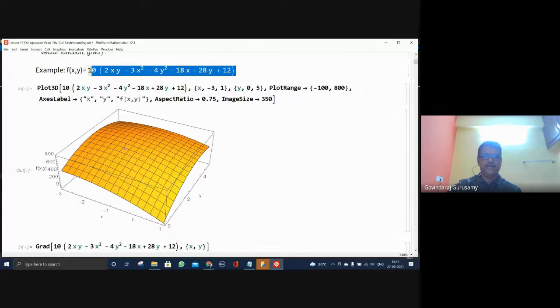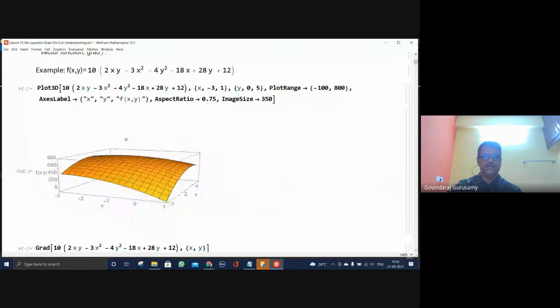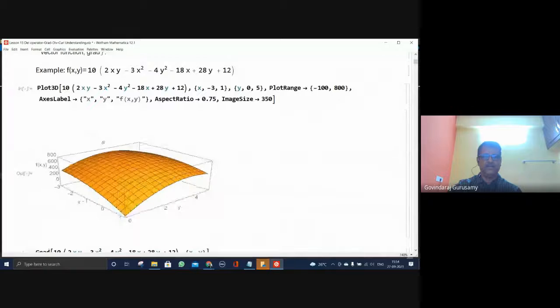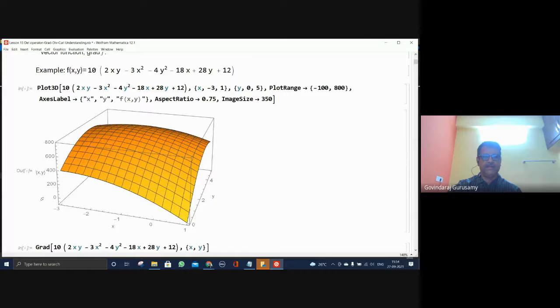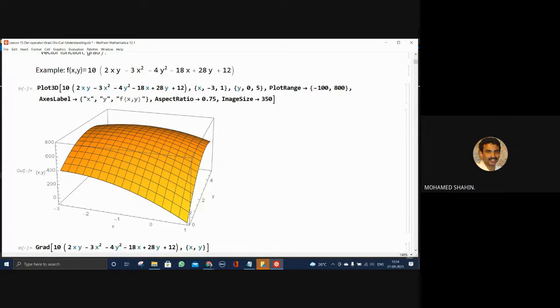Now, if I look at this surface plot, you're able to feel the three-dimensional feel of it, and the corresponding function f of x, y has some magnitude, and you can see these slopes are different. Everywhere it's getting changed.